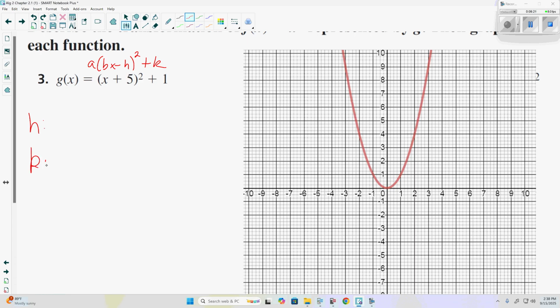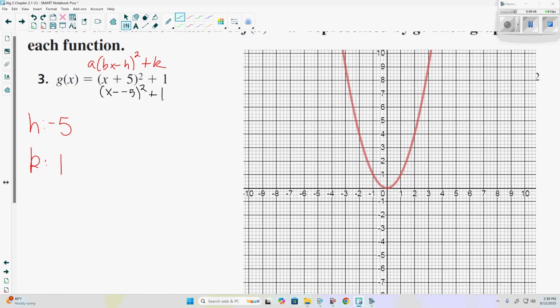A and B, again, don't have a value. What's the value for K? 1. Would it be positive or negative? Positive. H? Negative 5. Because again, when we look at this here, really what we have is x minus negative 5 squared plus 1.